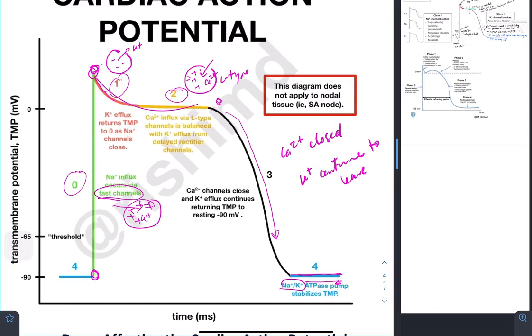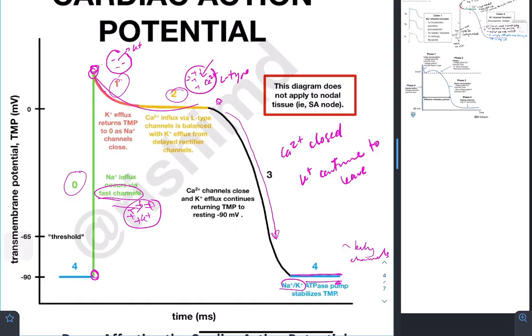Potassium is still leaving because there are always what we call the leaky channels. Some are leaking, not a lot. But at this stage, potassium is still leaking, but sodium is coming in slowly. So there you have it.